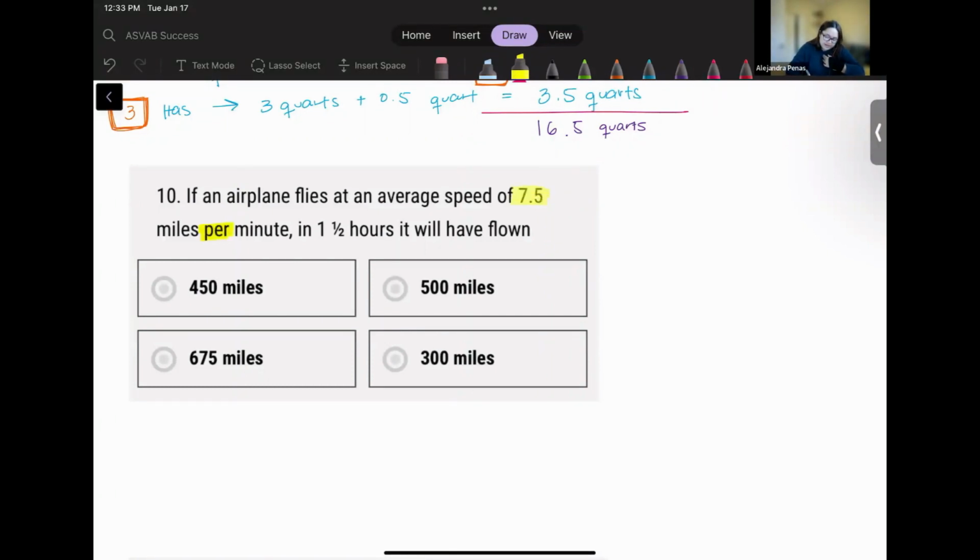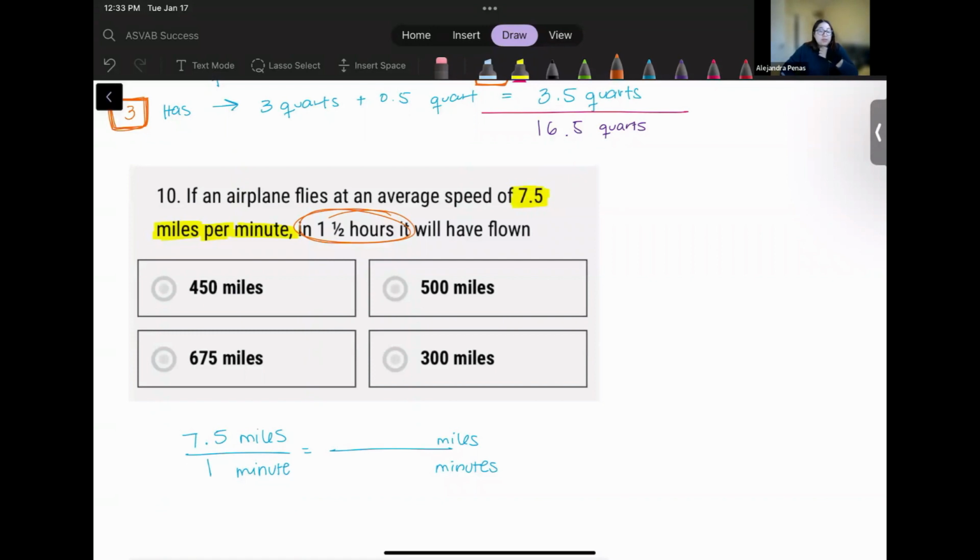So we have 7.5 miles for 1 minute. I'm going to go ahead and write that down: 7.5 miles in 1 minute. And we flew for a total of 1.5 hours.